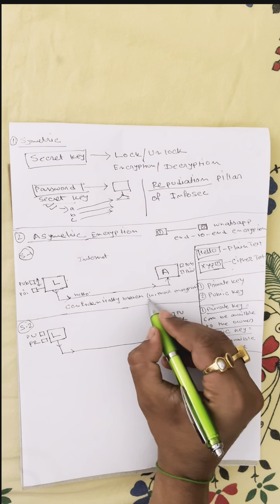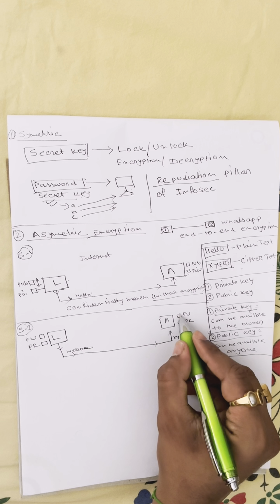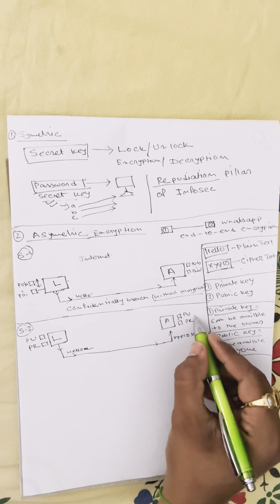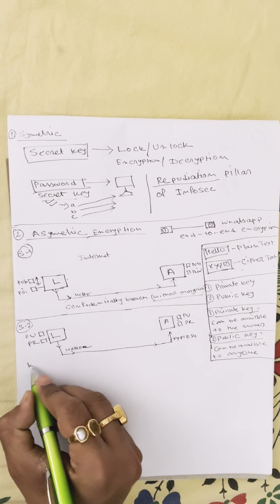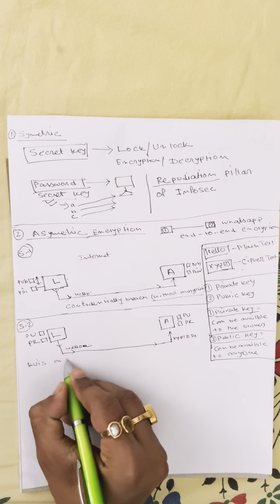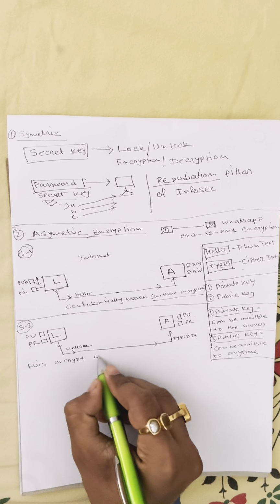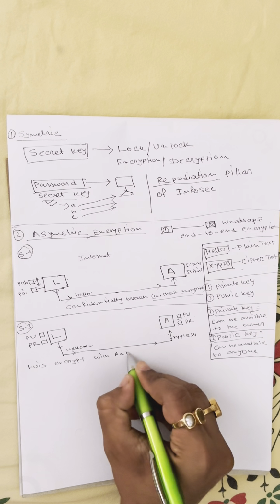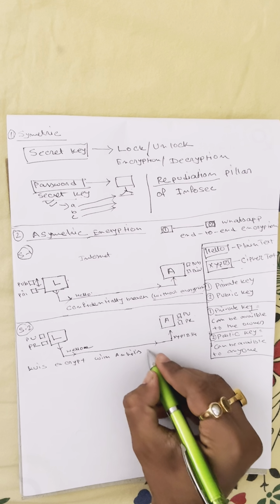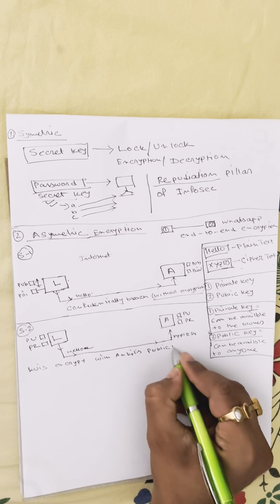Okay, and what will Ankit be getting? Ankit will be getting some value like X, Y, Z, 1, 2, 3, 4, this kind of encrypted message. So Louis will encrypt this message with Ankit's public key. Why?